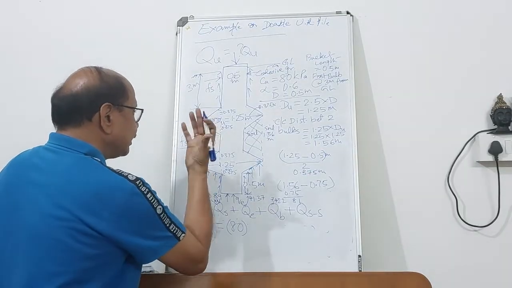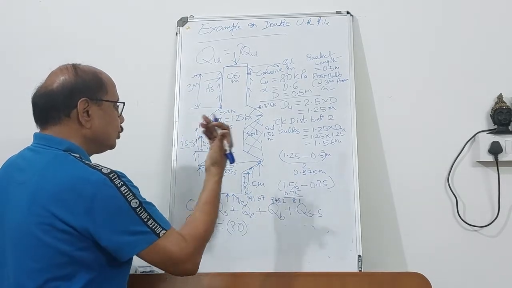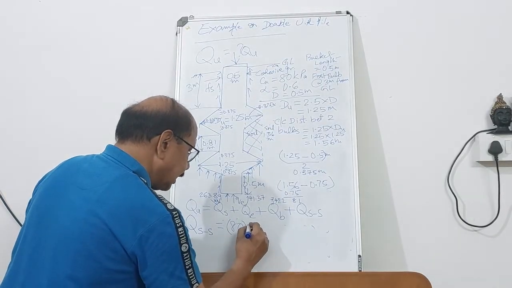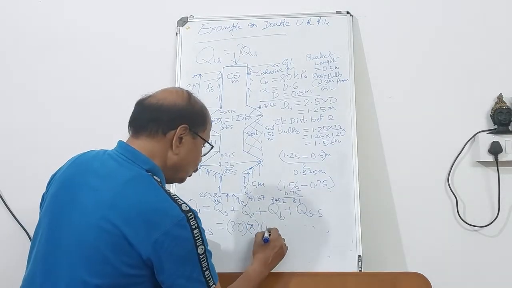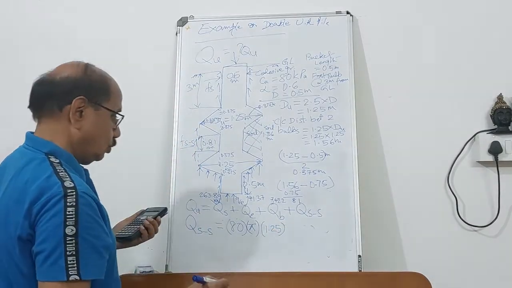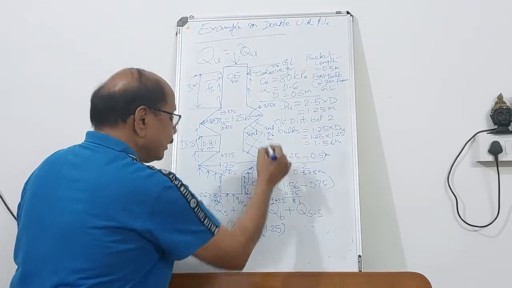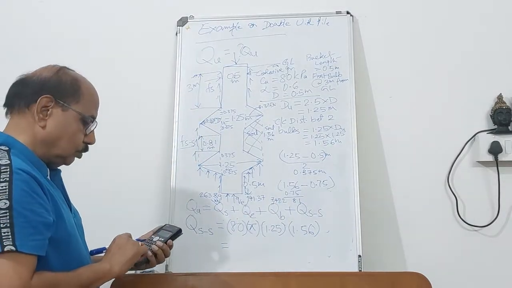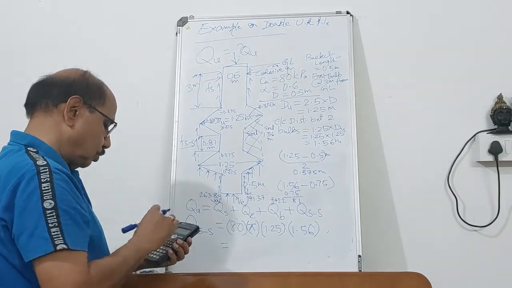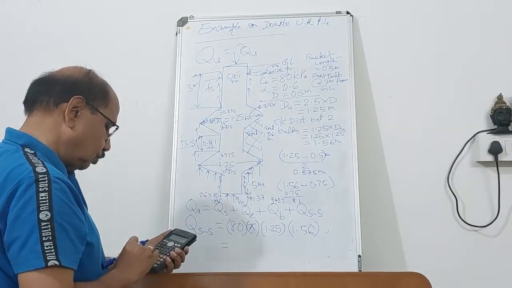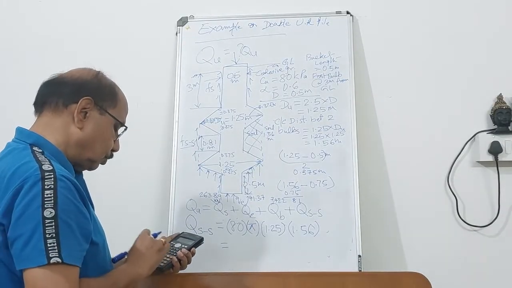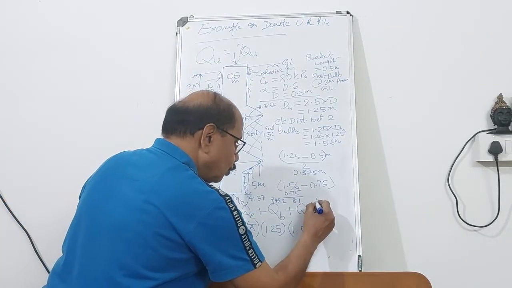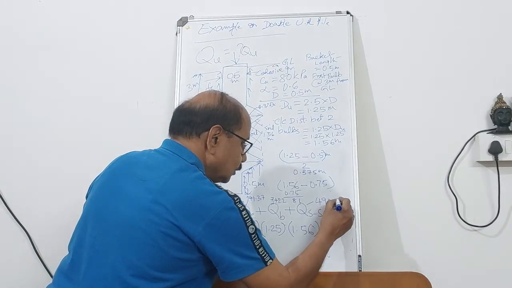The surface area is cylindrical, so the perimeter is going to be pi times du, into center to center distance, which is already known to us, 1.56. Let us calculate this. This is 490.08.